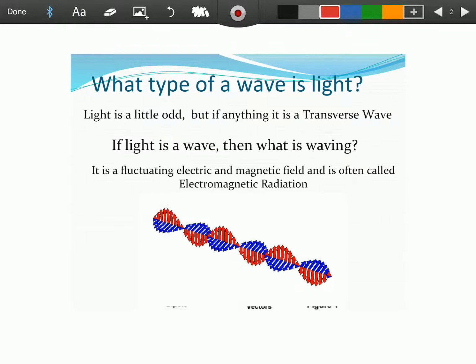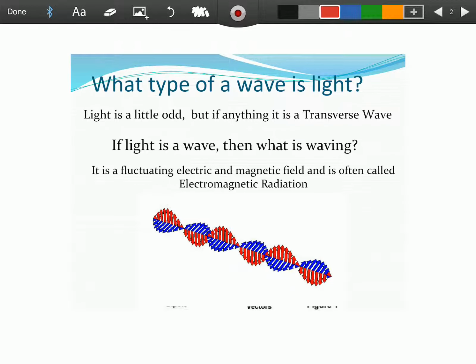So number one, what type of wave is light? If you think back to class when we were originally looking at the pre-lab questions, one of the things I was asking groups as I walked around is, what's waving? For example, for anything to produce sound, some source has to vibrate, whether that's a string, a column of air in a flute, or your vocal cords.